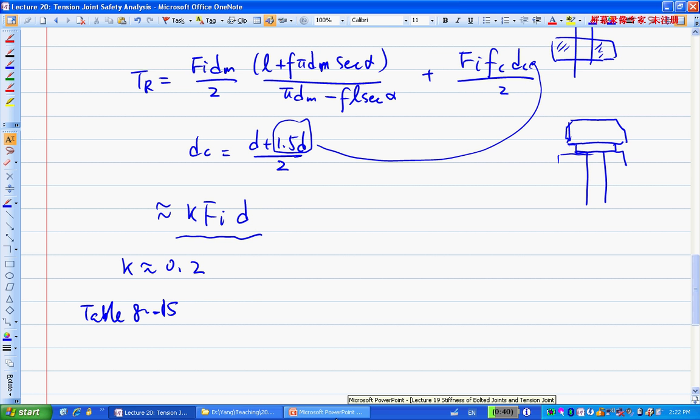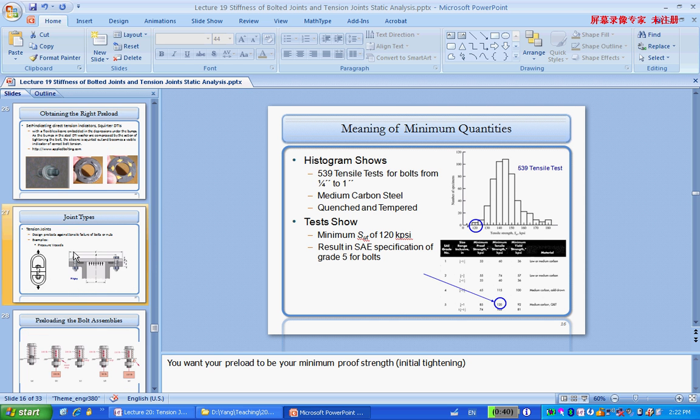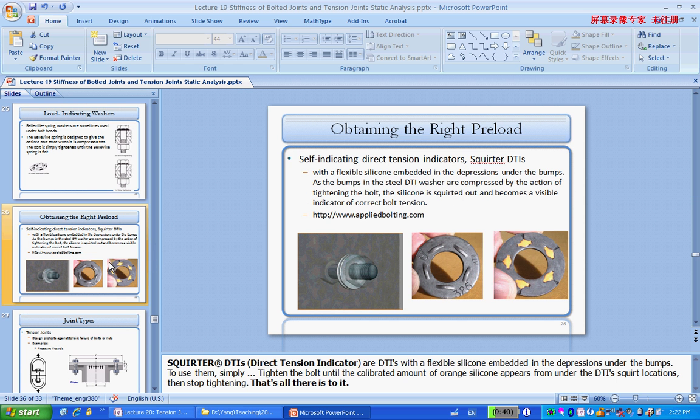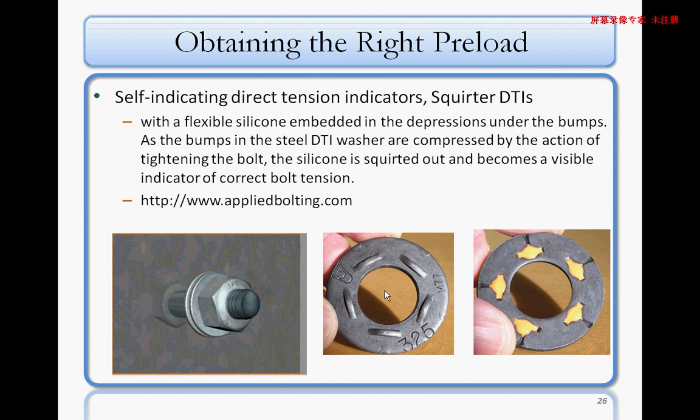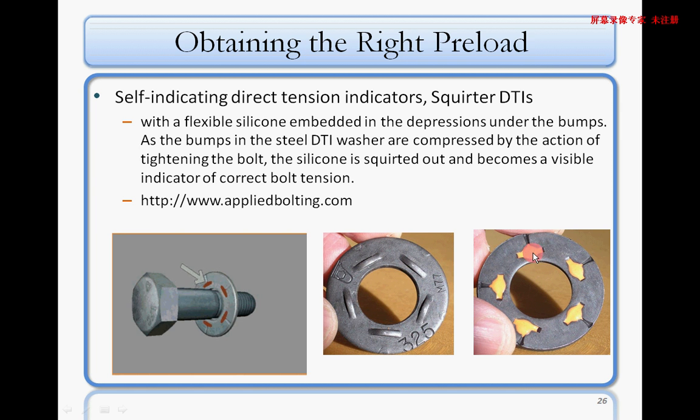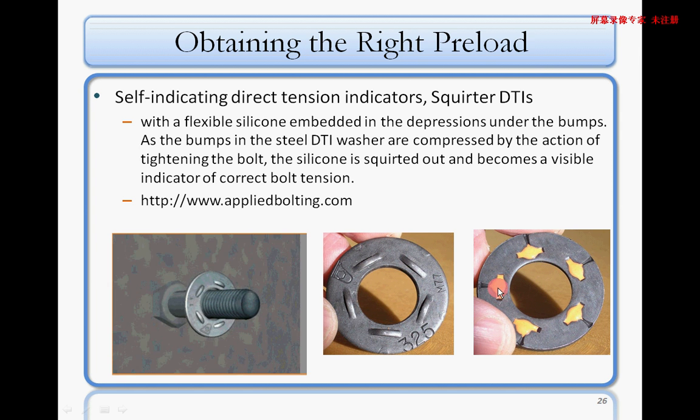So this is still a little bit mathematical here. In reality, there are some other technologies being used. They call it the DTI, the direct tension indicator. This one is pretty neat. Under here, there's a washer with a certain amount of silicone material.